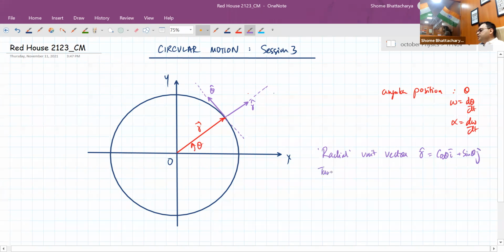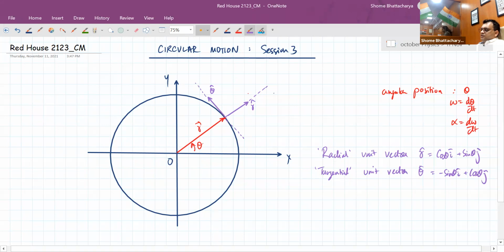Similarly, the tangential unit vector theta cap is minus sin theta i cap plus cos theta j cap.